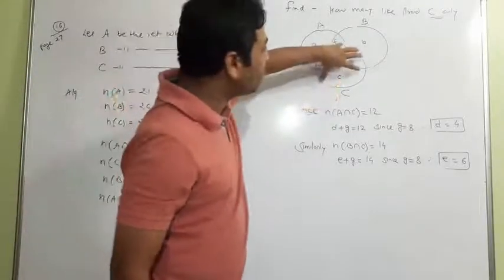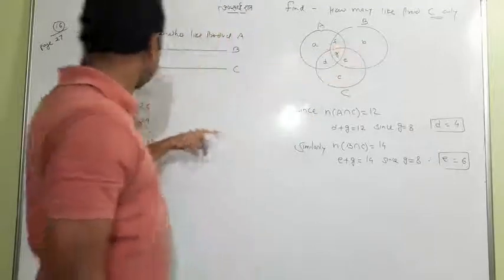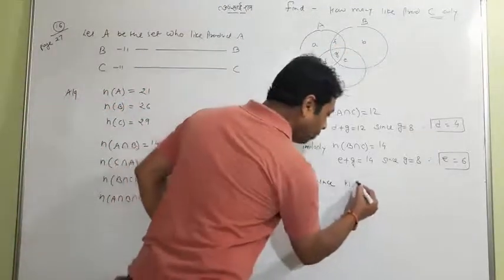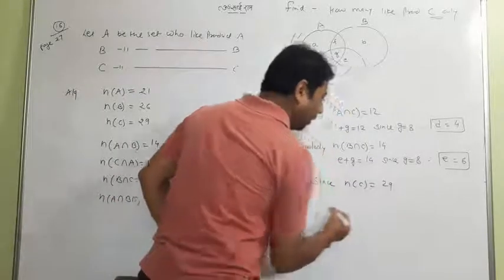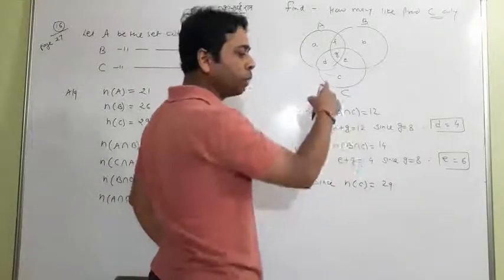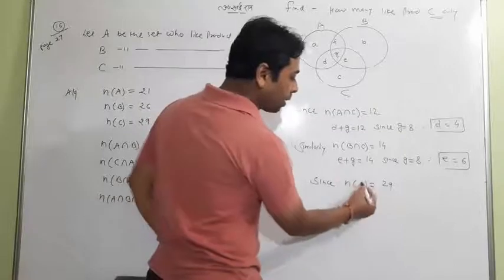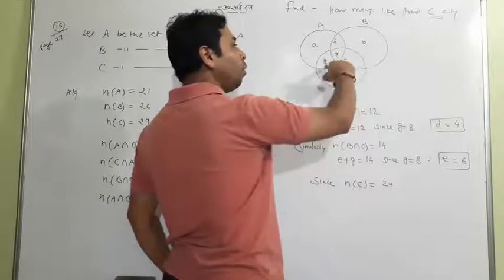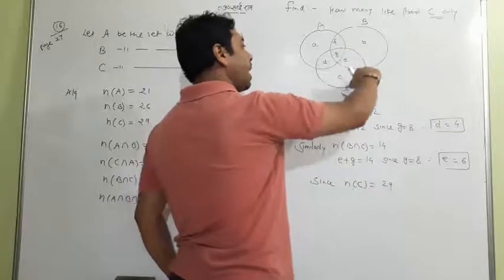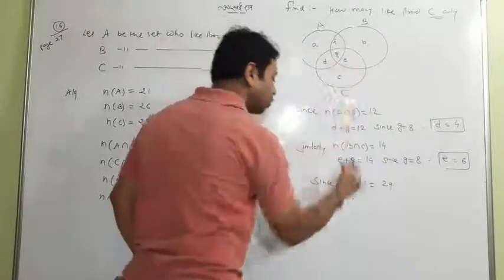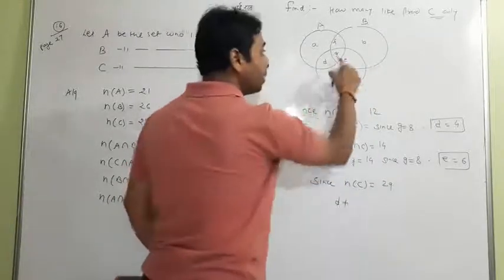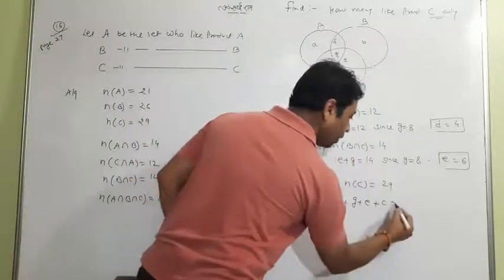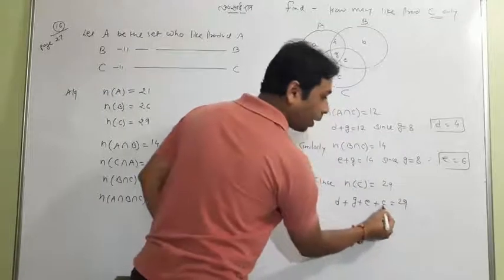Now see my finger, this whole C which has 29 elements. Since n of C has 29 elements, by looking at the picture, what is n of capital C? It is the addition of all these elements: D plus G plus E plus small c is equal to 29, and this is our requirement, students.